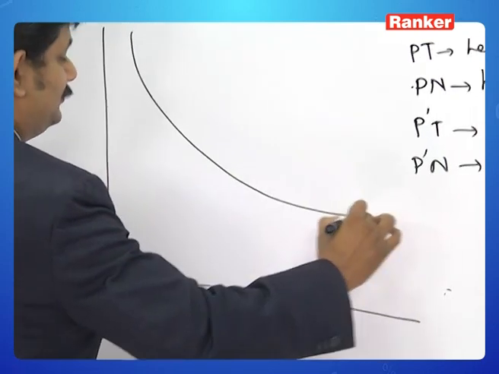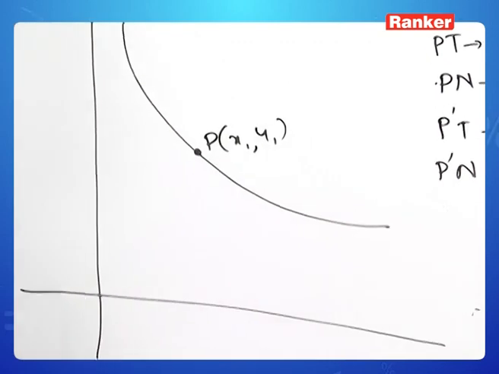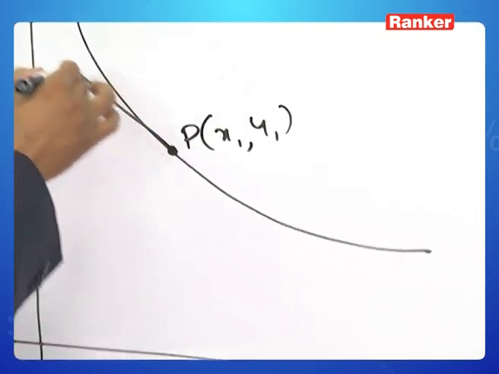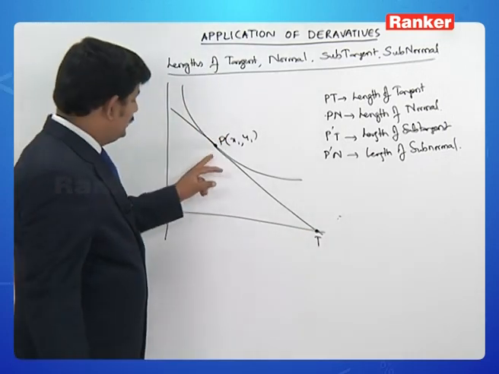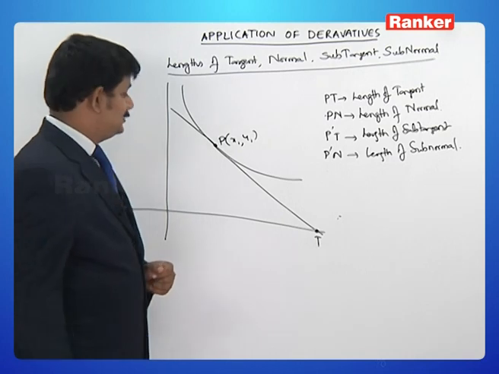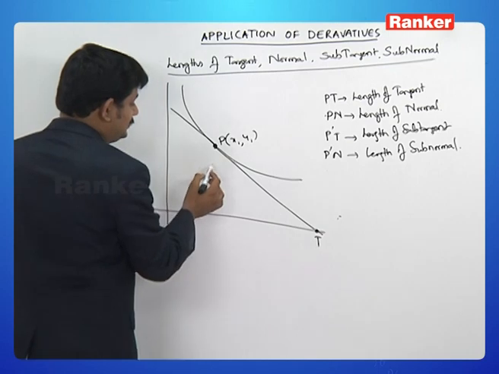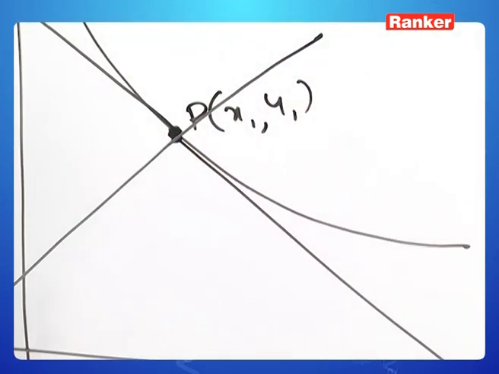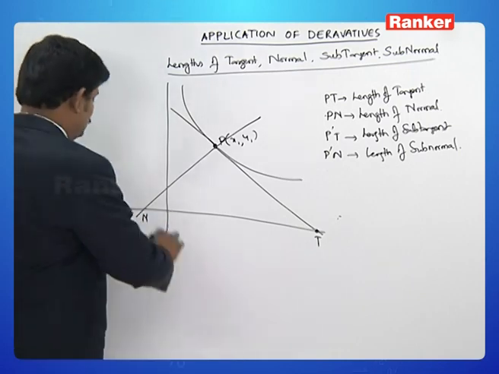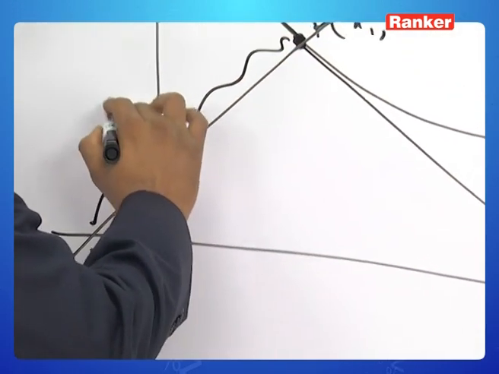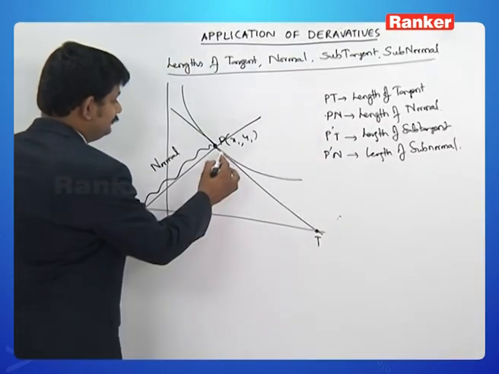For any curve, if our discussion is at the point P x1 comma y1, let us draw tangent at P to cut x-axis at T. The length PT is called length of the tangent. Let us draw normal at P to cut x-axis at N. The length PN is called length of normal.